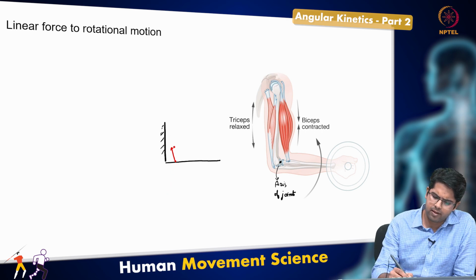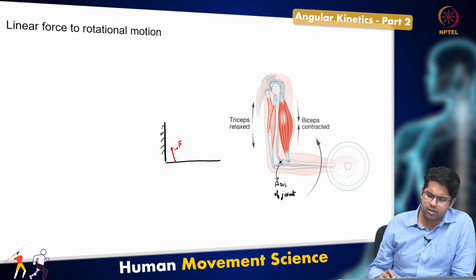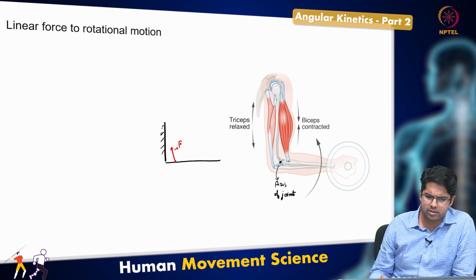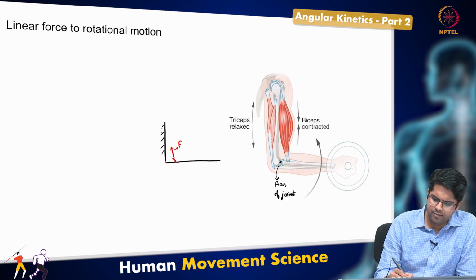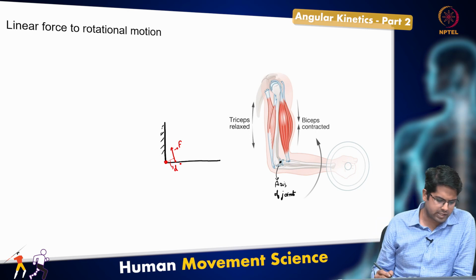So at any given instance, let's say the force acting is F. Now what have we learned? That I need to find the perpendicular distance from the axis of rotation. So the perpendicular distance is d.